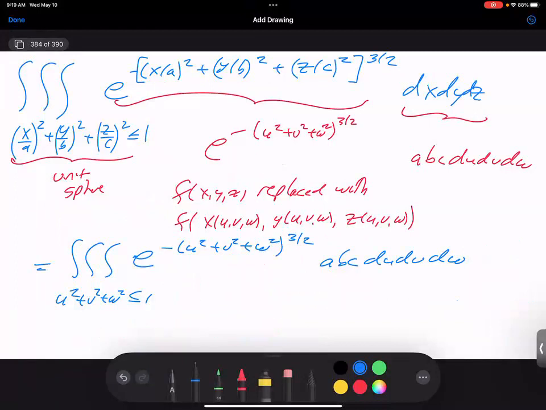And then the key was to notice that the best way to do this is not to do the integral directly in uvw, but to convert to spherical coordinates. You could, of course, have done this in one step. You could have directly converted to a modified spherical coordinates from the initial problem.